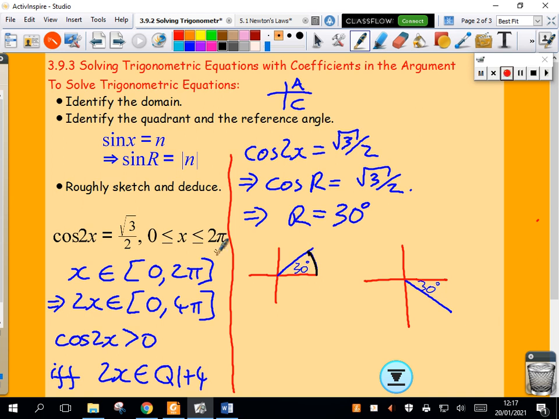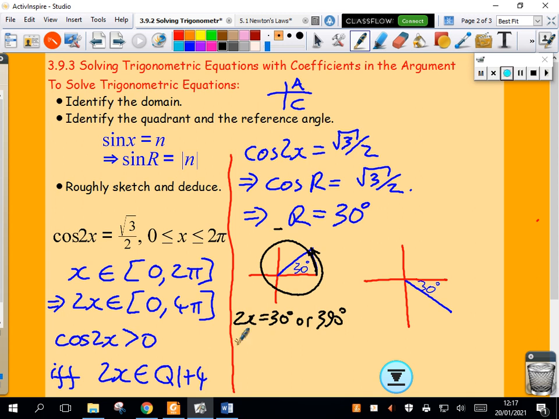And that's between 0 and 4 pi. So the first time, 30 degrees, pi over 6. But maybe I'll change to radians at the end. Maybe we'll just deal with degrees for the moment in this one. So I'm going to say 2x could be 30 degrees for one, going around the first full circle. Going around the second full circle, that'll be 360 plus 30, which is 390 degrees. Okay, if I go around any further, I'll go beyond 4 pi.